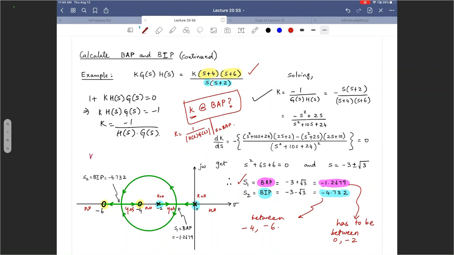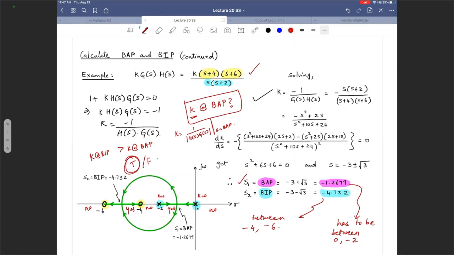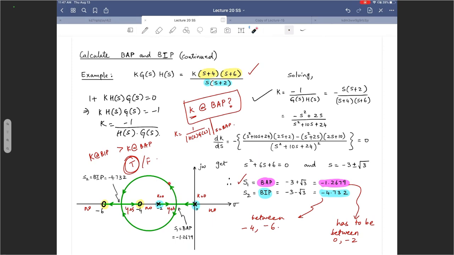K at BIP is greater than k at BAP. Yes, you're right, true is right. As you increase k from 0, the breakaway occurs first, then you have the break-in point, so you have to increase it further to get the break-in.